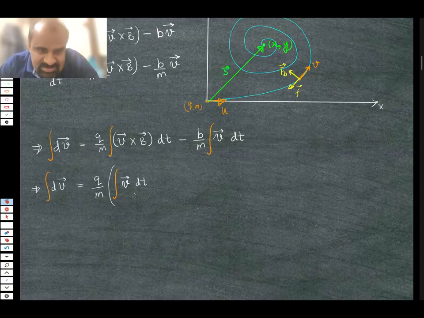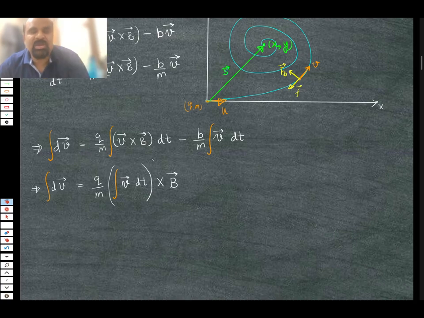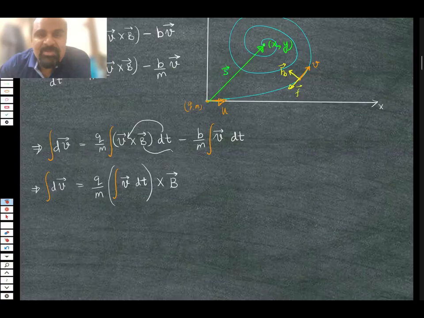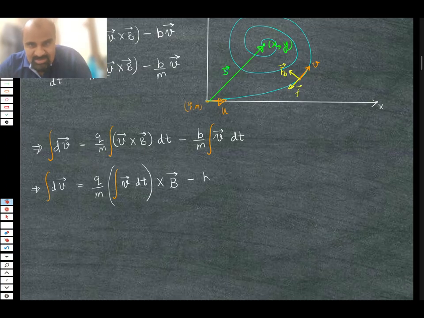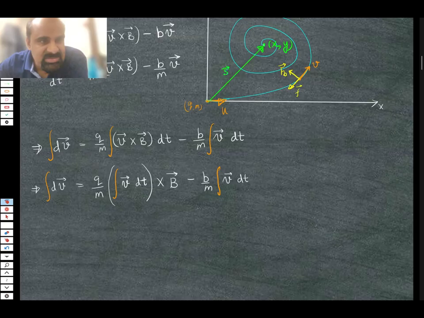So I can write this as this cross B vector. This is where I have done this small manipulation. I brought this dt inside and B outside, and because B is uniform, I can take this B outside the integration. And then minus b by m, and this integration symbol, and then this v vector dt. So what will this give you?